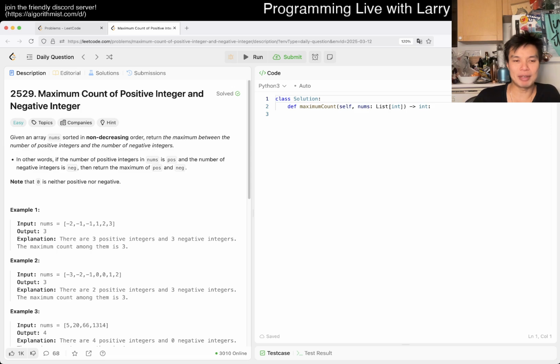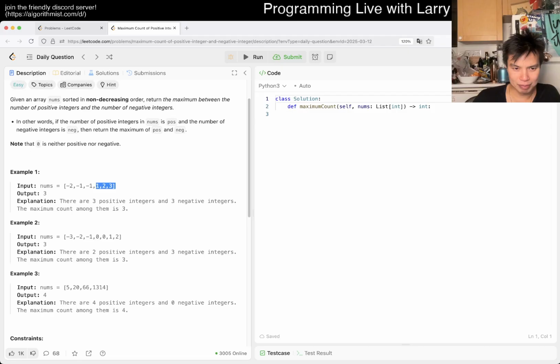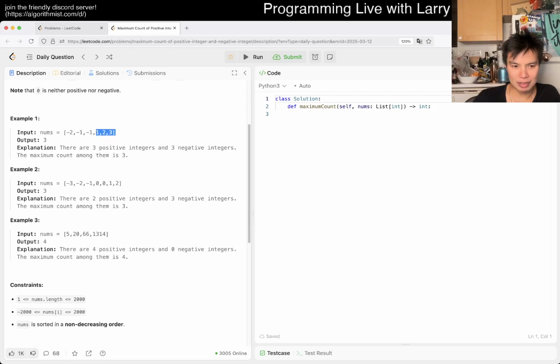Given an array nums sorted in non-decreasing order, return the maximum between the number of positive integers and the number of negative integers. What does that mean? Absolute value of the positive and negative or something? Or oh no, just the max, not even the difference. Okay.